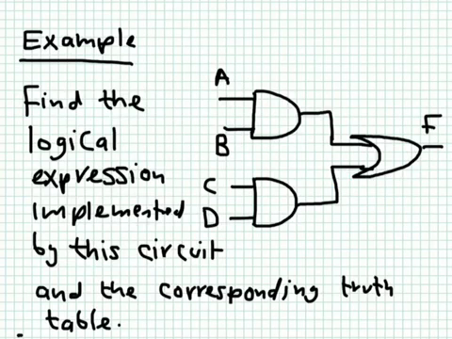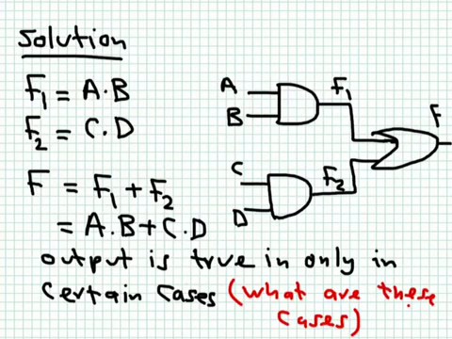And you can try to find the truth table of this function. So as I said, the output from here is AB, the output from here is CD, and the total output from this logic circuit is simply F1 or F2. Remember the OR is represented by a plus sign while the AND by a dot. So this is the output.